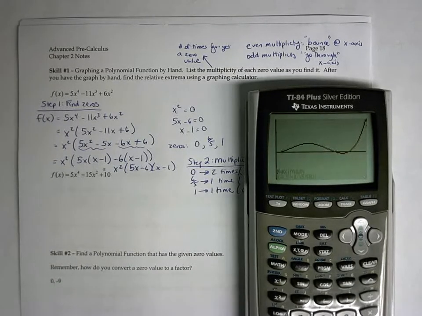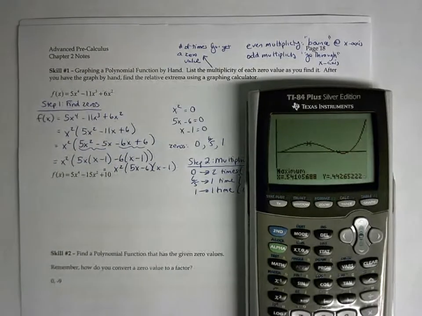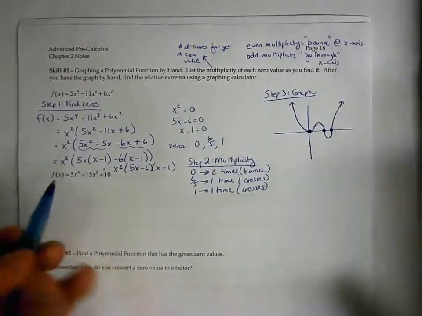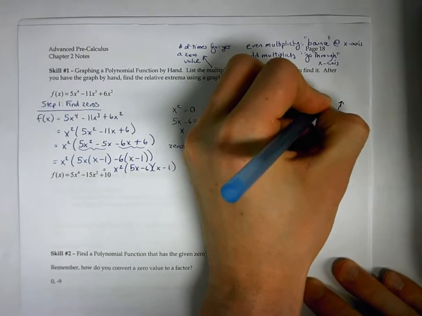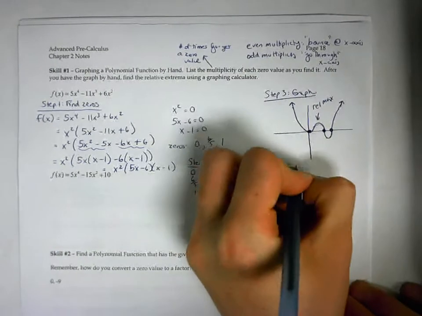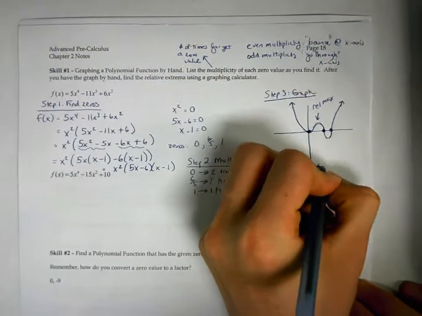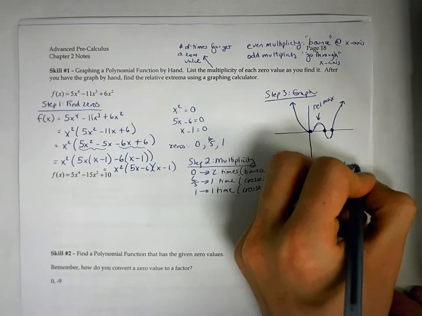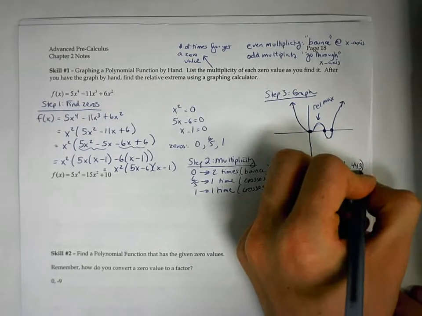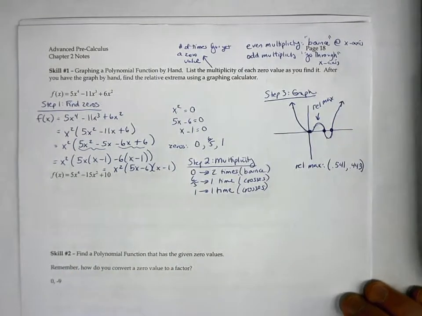And then our guess is somewhere in between. So there's our relative maximum, 0.541 and 0.442. So here's my relative max, and my relative max is going to be 0.541, 0.443 when we round it.